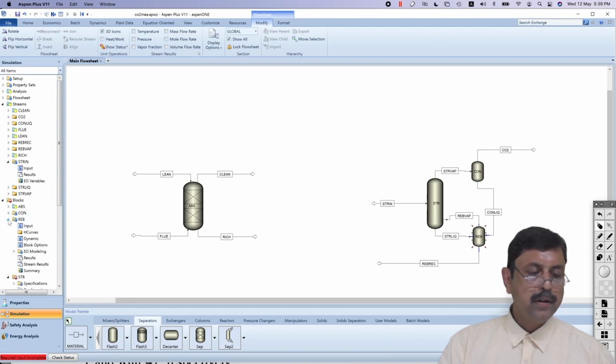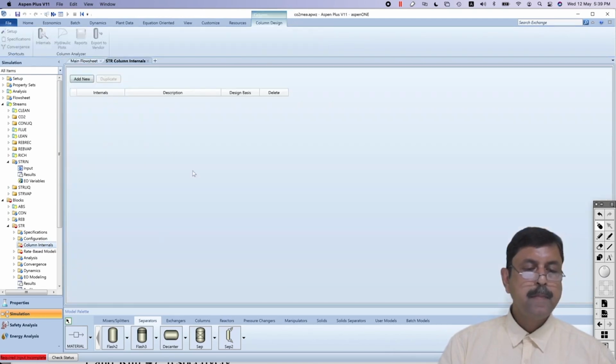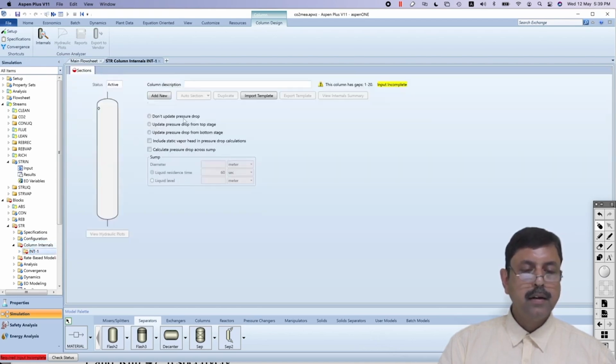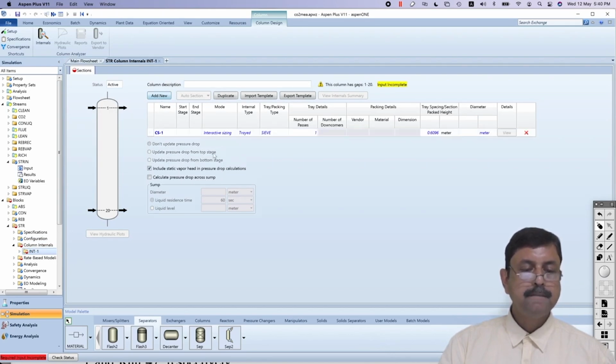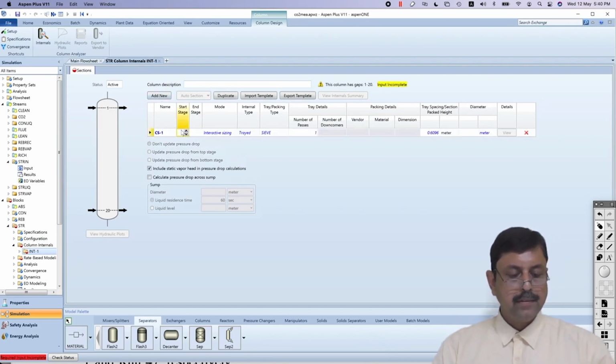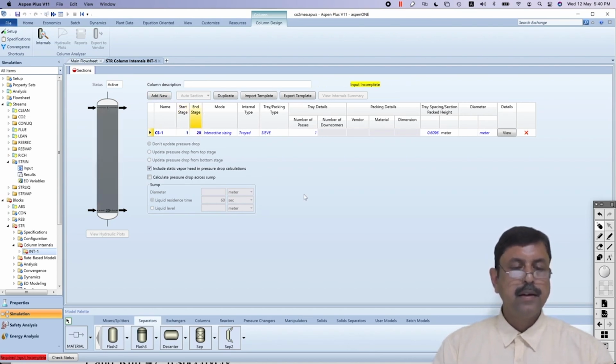So condenser, reboiler, yeah. As it is a rate-based column, we have to fix the column internals. Add a new section, and extend the section from 1 to 20 so that it is a single section column.